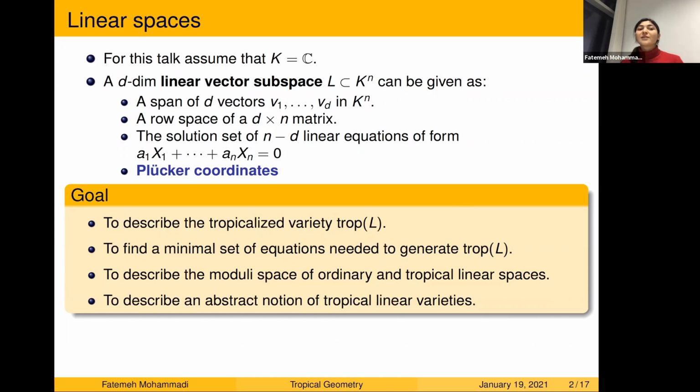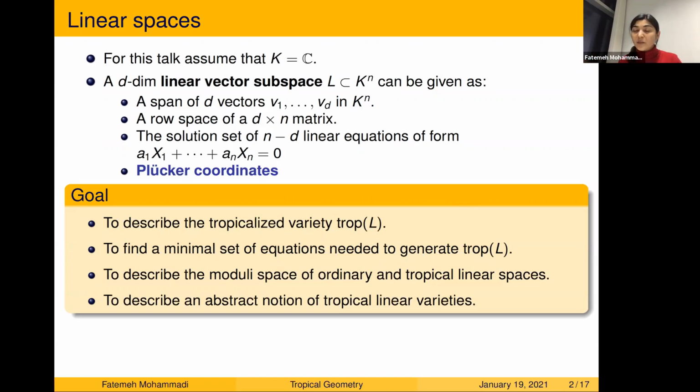If I take the presentation of my vector subspace as the solution of n minus d linear equations, then to compute the tropicalization I have to take all these polynomials, tropicalize them, and then look at the solution of every tropical polynomial. That would be my tropical variety.